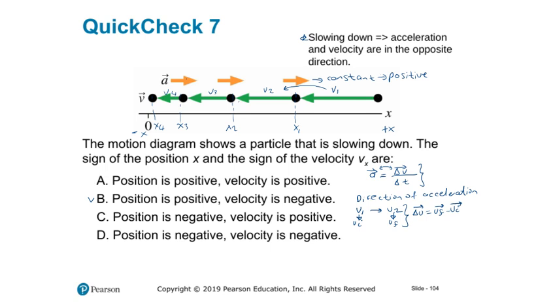Let's say V1 to V2 I'm looking at, right? V1 to V2. I'm going to the left, so V1 would be my V initial, right? And V2 would be my V final. And delta V is equal to V final minus V initial.